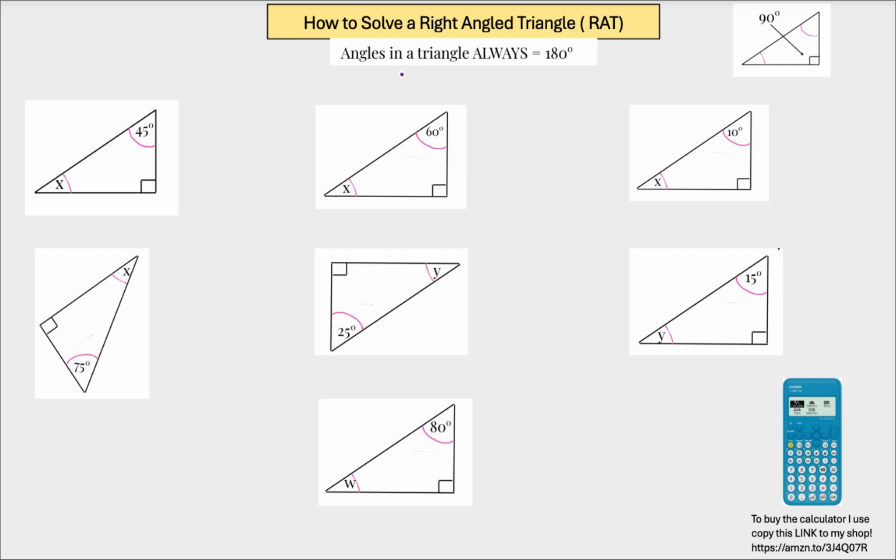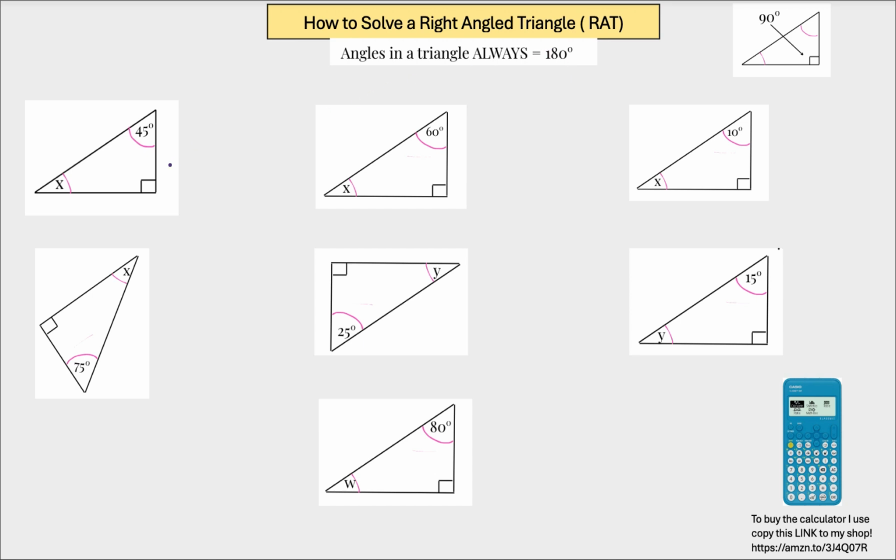The other key part to this is you must always remember that the angles in a triangle will always equal 180. So inside any triangle, regardless of the shape, it is always 180 degrees.